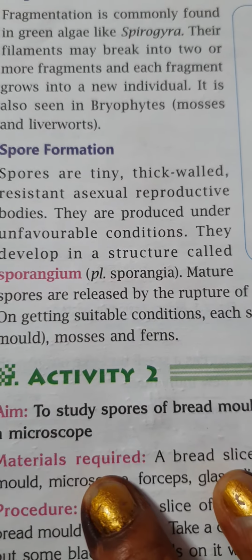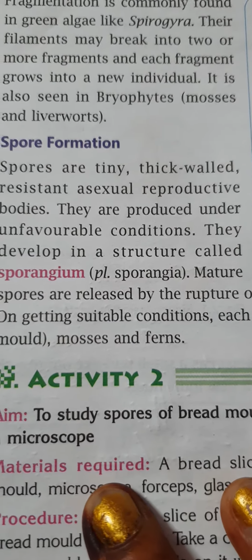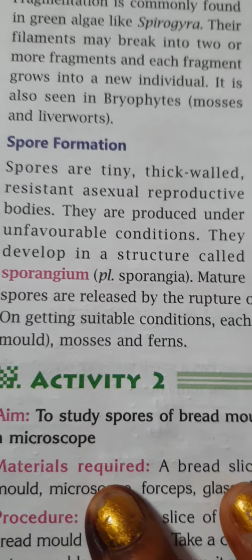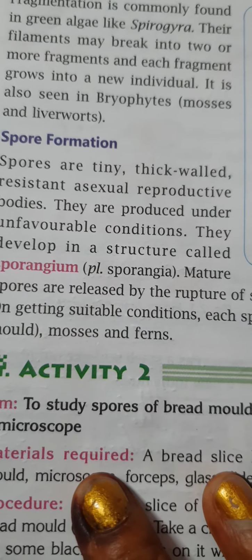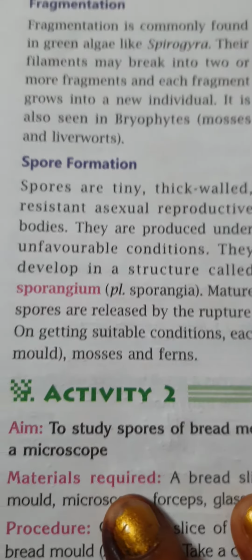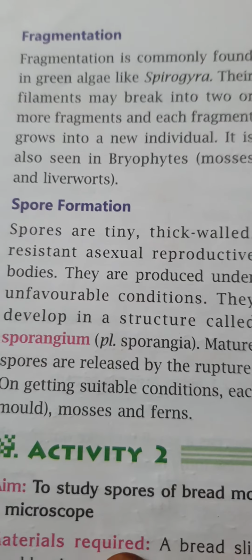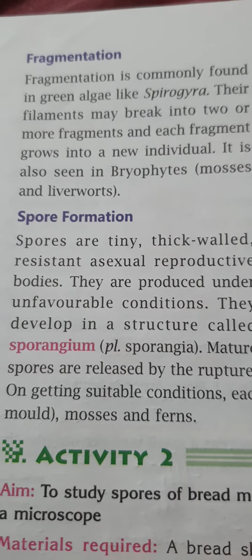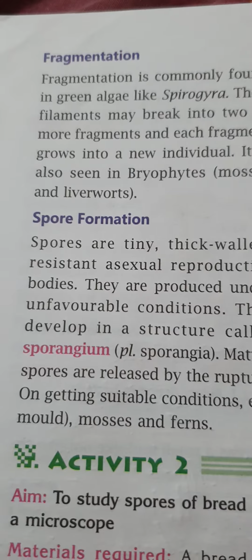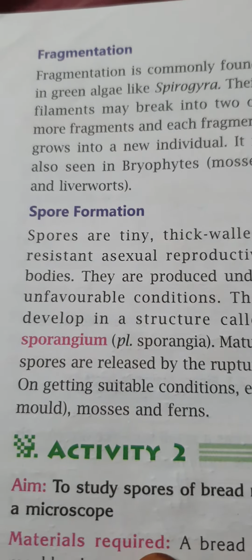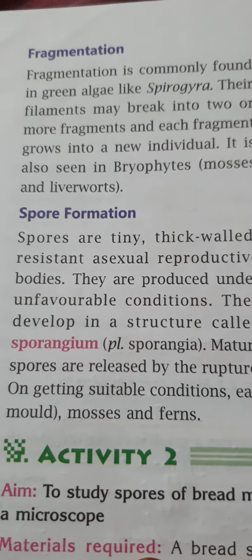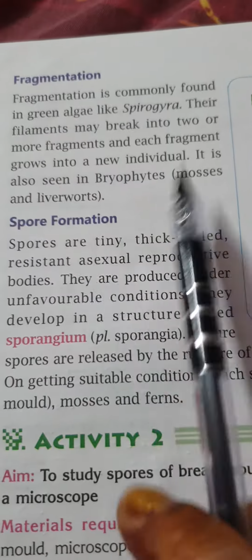This mode is often used by nurseries and greenhouses to produce plants quickly. So this fragmentation procedure is used by nurseries and greenhouses to produce plants quickly. In your book it has also been defined, we can go through that.